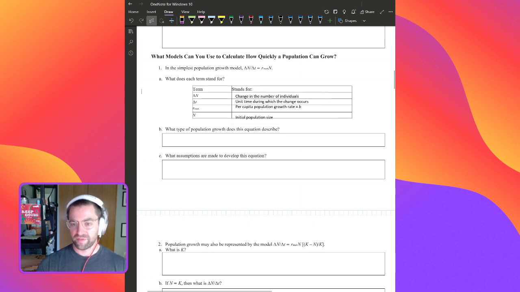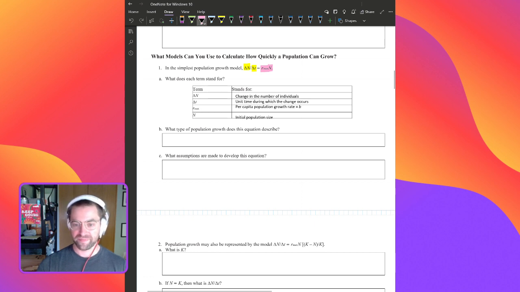So we have the change in the number of individuals, delta N, divided by the unit time that that change occurred in, is equal to the per capita population growth rate times the initial population size.